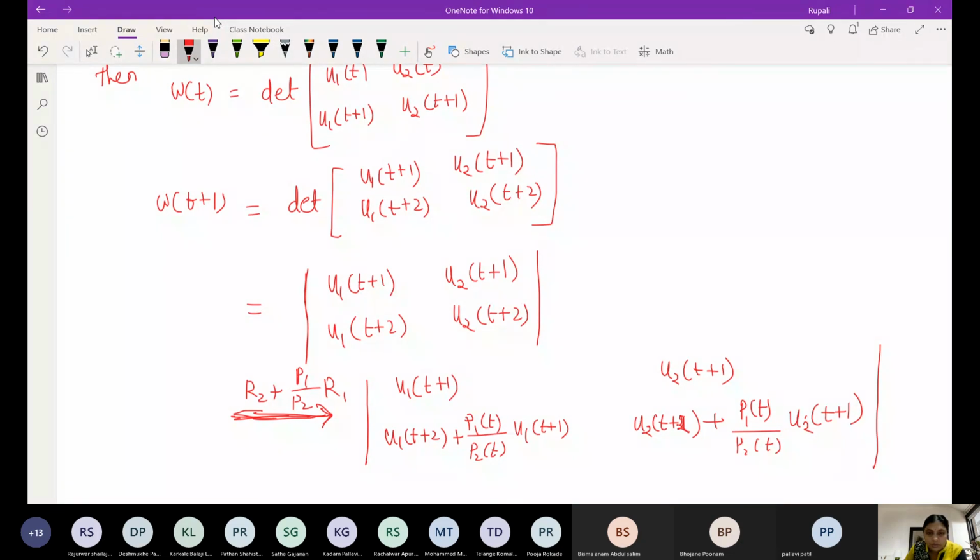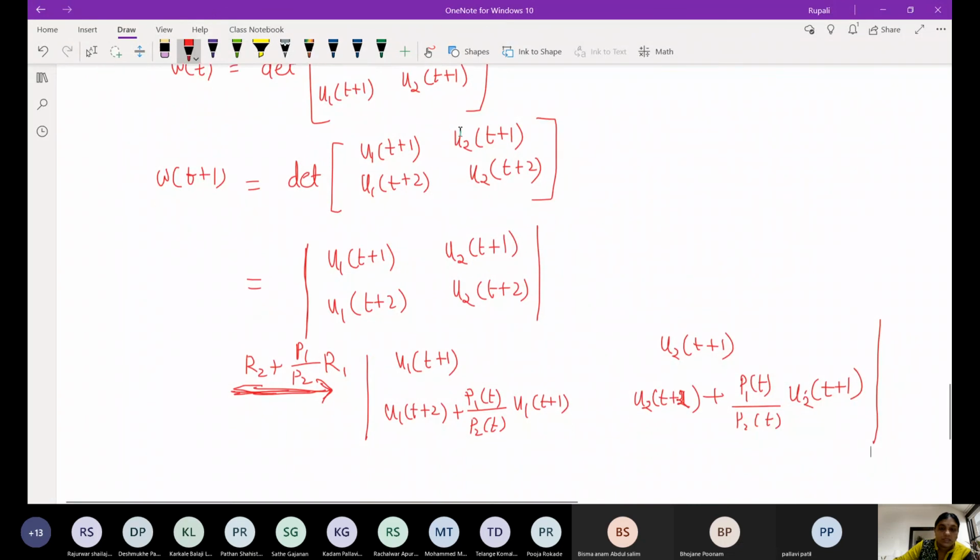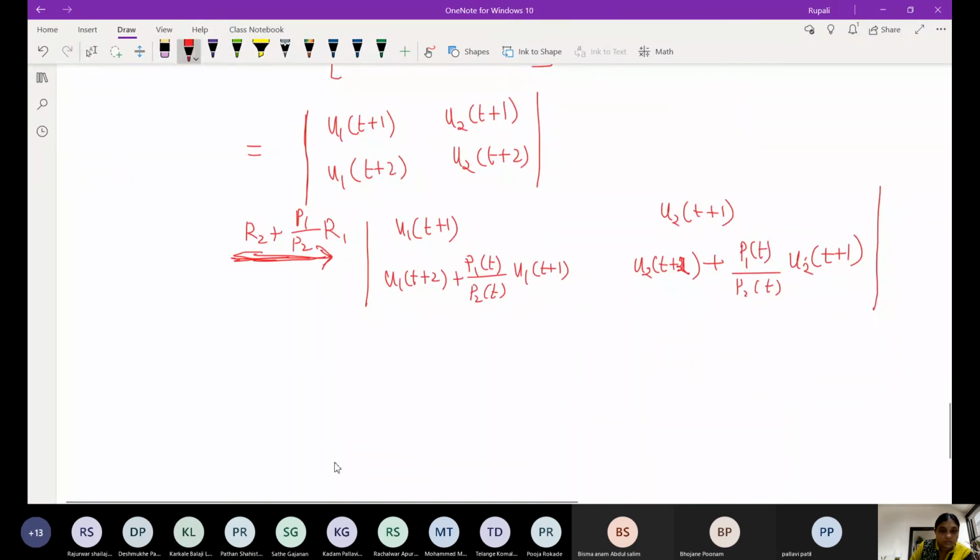After applying elementary row transformations, the determinant won't change. There are some properties of determinants you can go through.